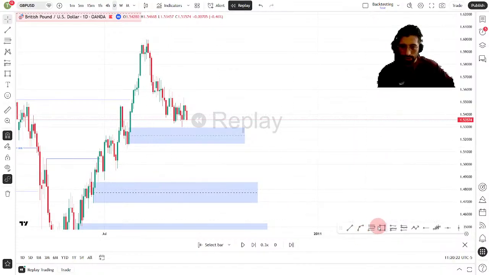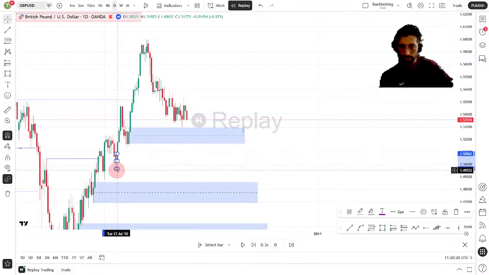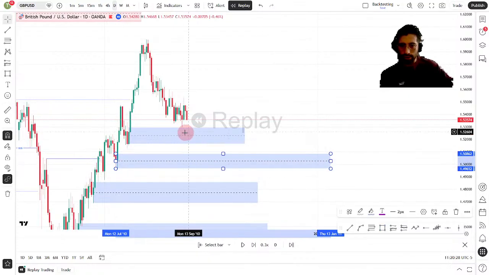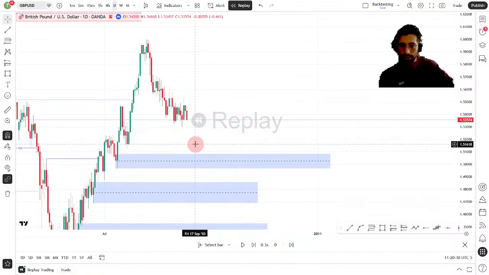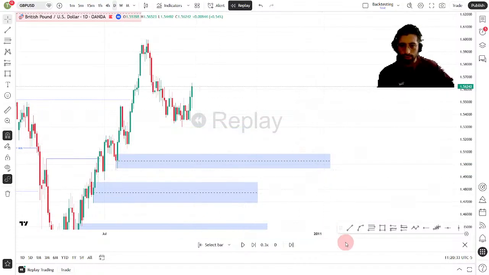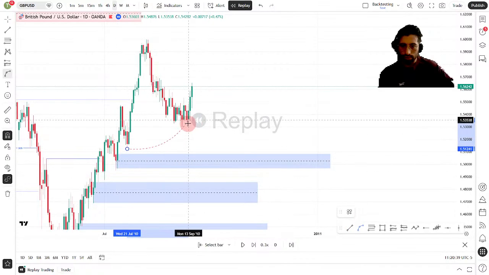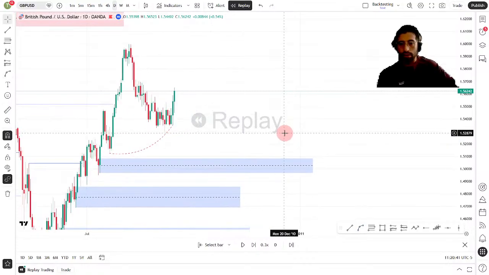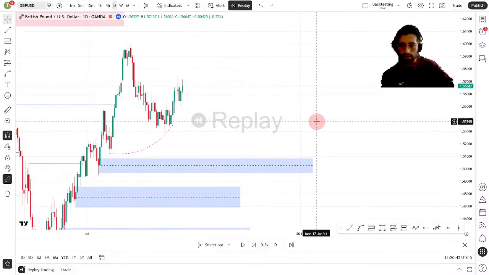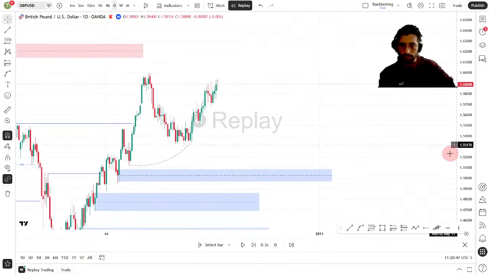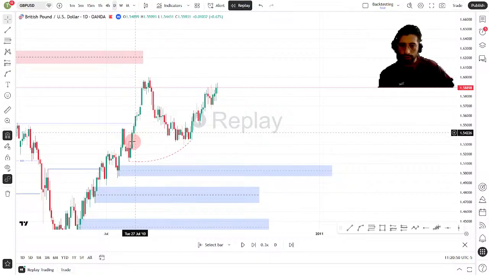Can you spot this one? The order block which is below the one I marked. It has even more liquidity. So this is the one I like the most. All right. So this reaction for me is cool. Right, continue with the uptrend. No problem. So it did react here.